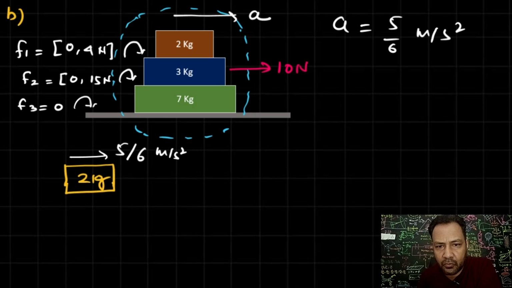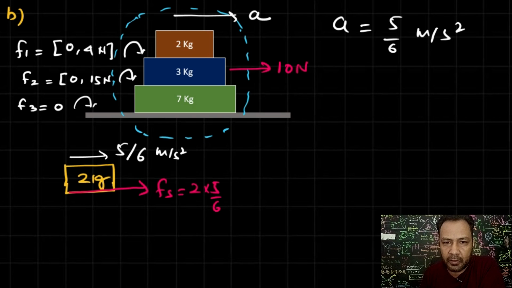So the friction force on the 2 kg block should act in the forward direction like this. That friction would be mass into acceleration, so that is 10 by 6. 10 by 6 is less than 2, so available is 4 and requirement is less than 2, so very well they can move together. So 2 and 3 can move together.